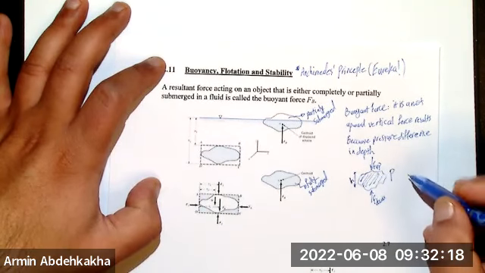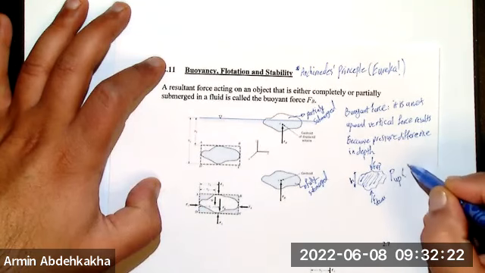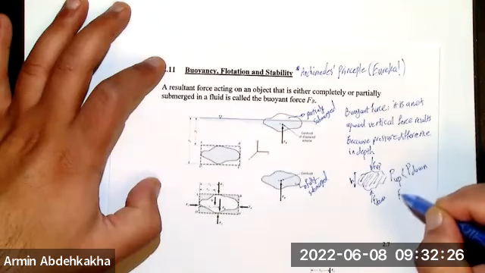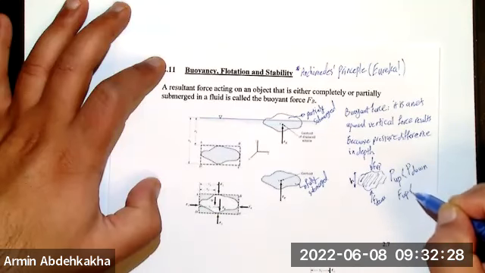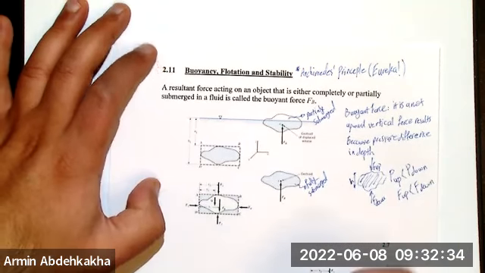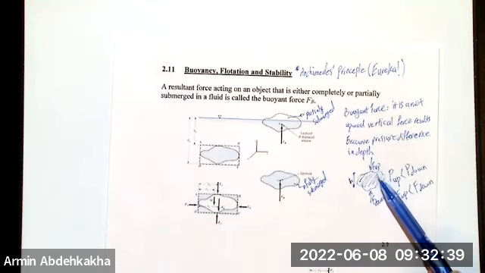Absolutely, the pressure at the top is lower than the pressure at the bottom, so the force at the top is lower than the force at the bottom. That's why the buoyant force on the object is upward.